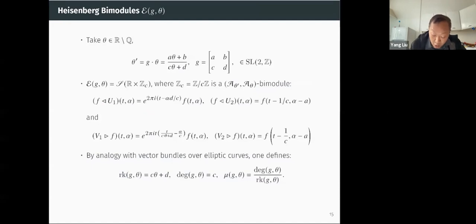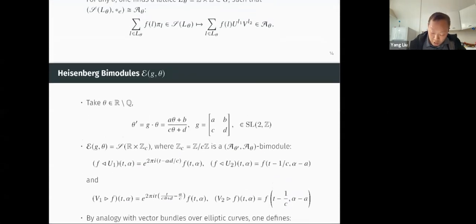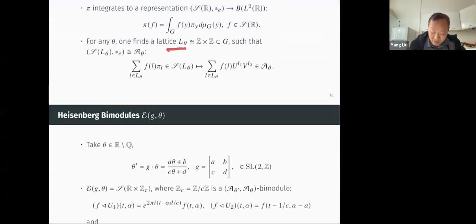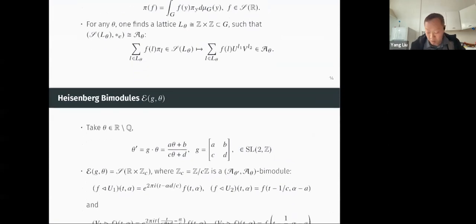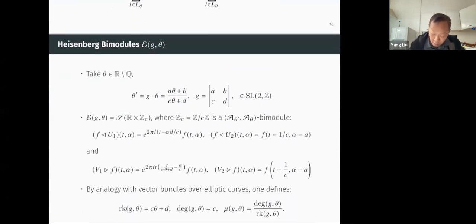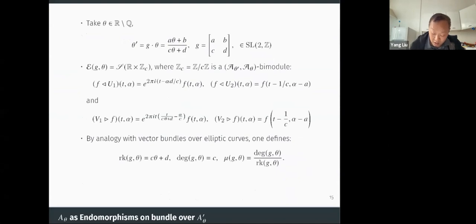U1 acts by multiplying by this character, while U2 acts by translation. It corresponds to choosing this embedding of the lattice in different ways. Because we have A theta and A theta prime, this is the right action and this is the left action, so we have the bimodule structure of this Heisenberg module.